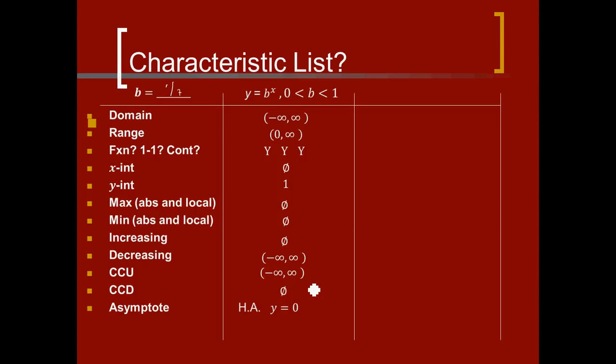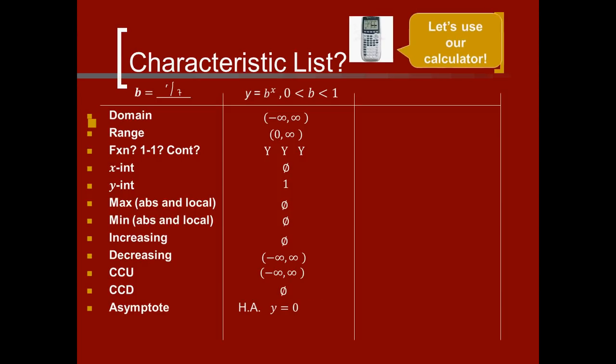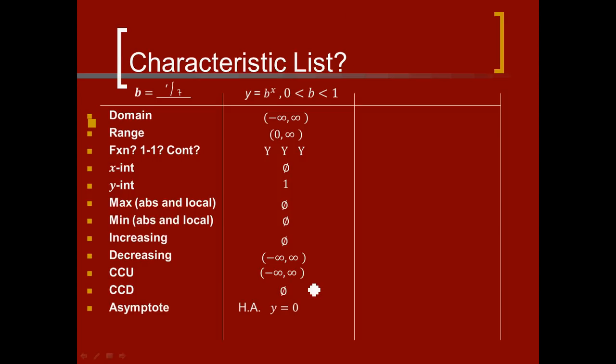As long as you know your base is either between 0 and 1 or greater than 1, I don't care whether you're in logs or exponents, your characteristic list does not change. There's my characteristics for exponentials.